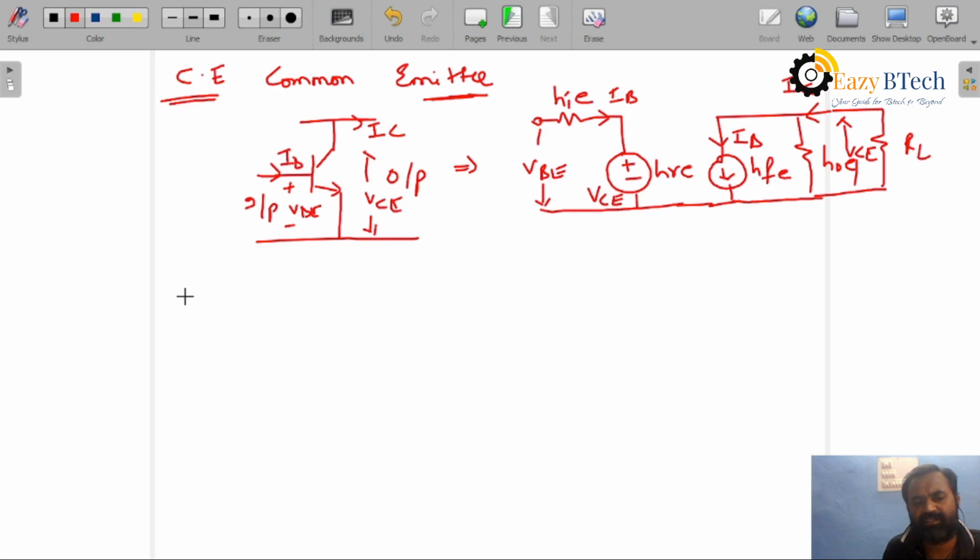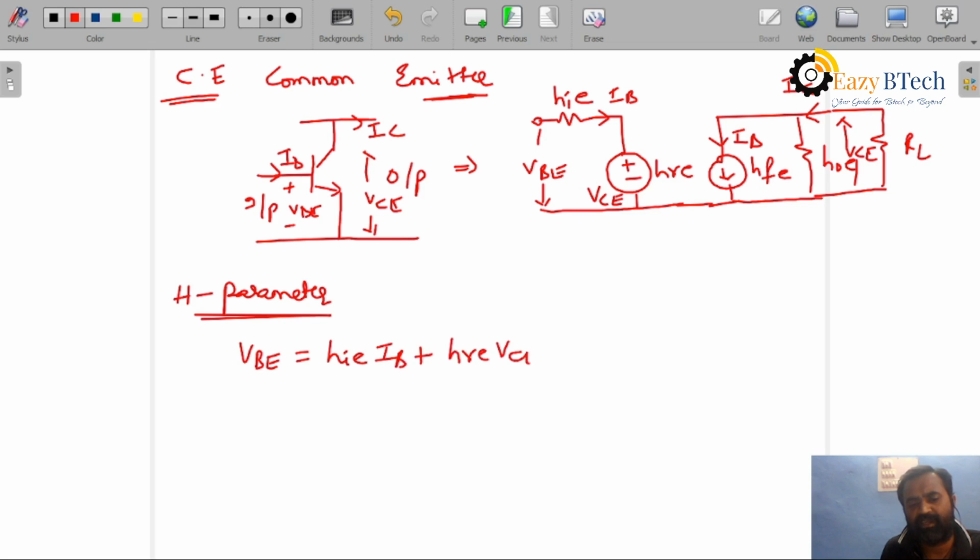Now to write the H parameter equations, we will write VBE is equal to HIE IB plus HRE VCE. It is equation 1. IC is equal to HFE IB plus H0E VCE. It is equation 2.